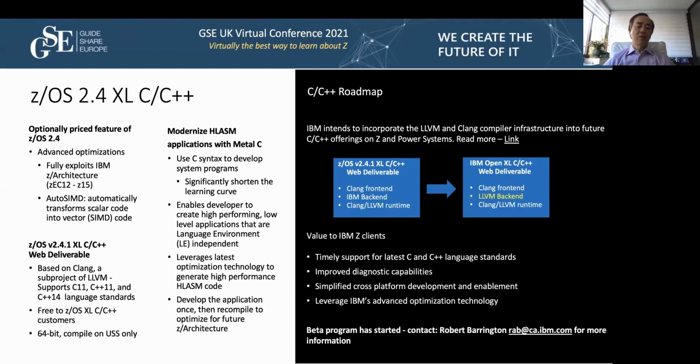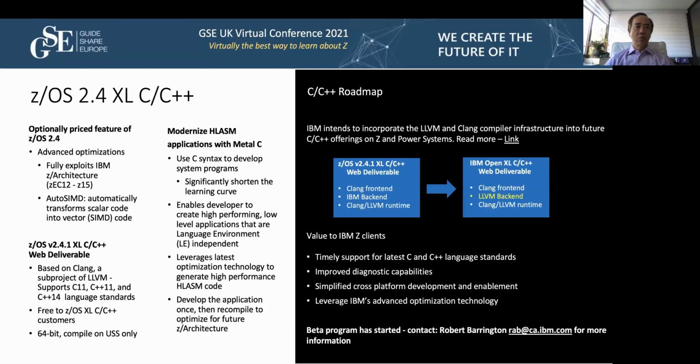So basically, we transitioned to a new front end, which would give us more up-to-date support for the C++ standard and the C standard and everything, right? But we're still using the IBM backend technology for it, and we made it into a web deliverable.